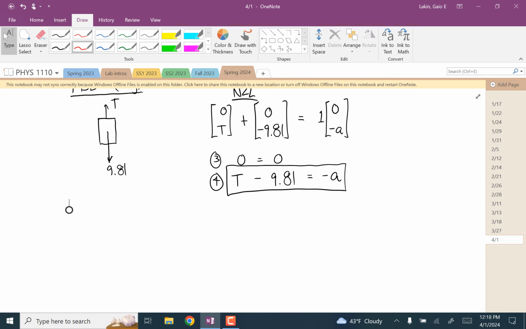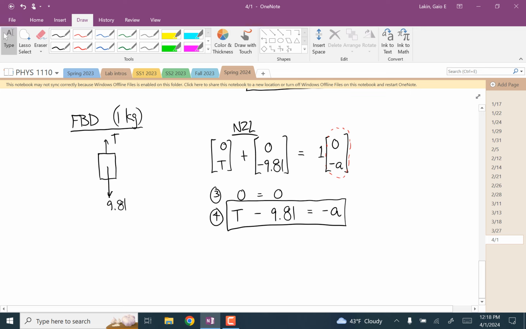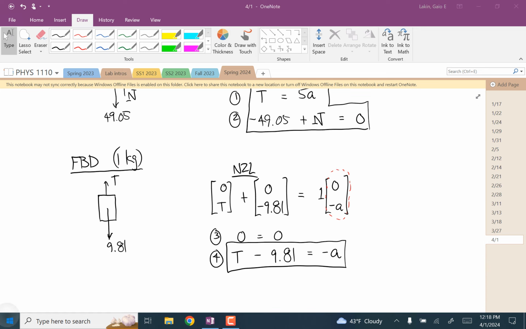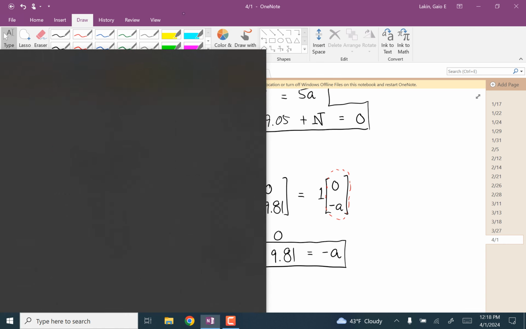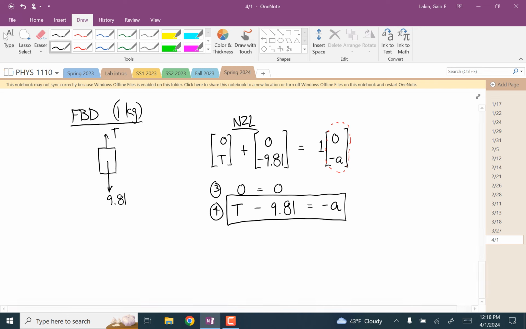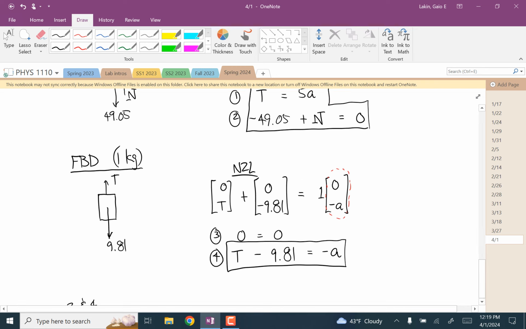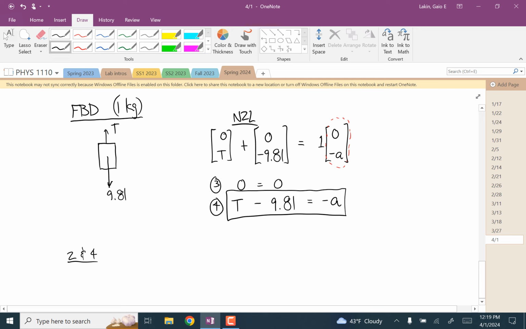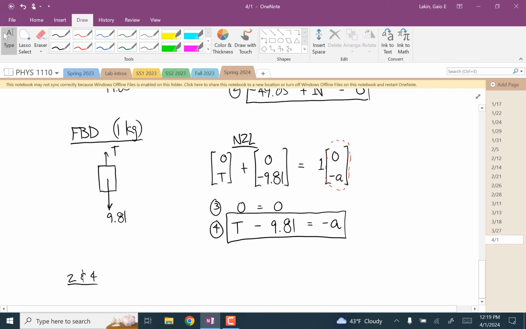So really what we want is just this. This is the acceleration of the 1 kilogram, which means all we need to solve for is a. So if you can find any of these equations that'll let you solve for a, that's all you need to do. So I'm going to use equations 1 and 4.